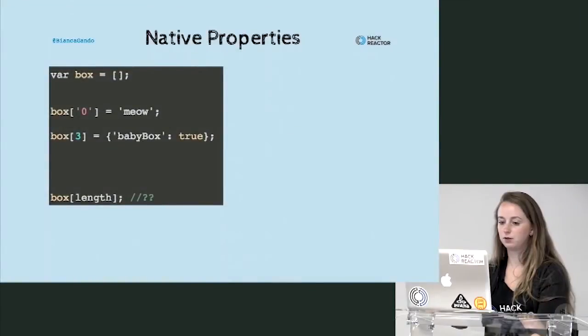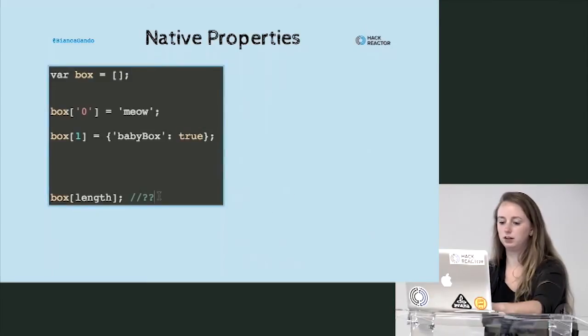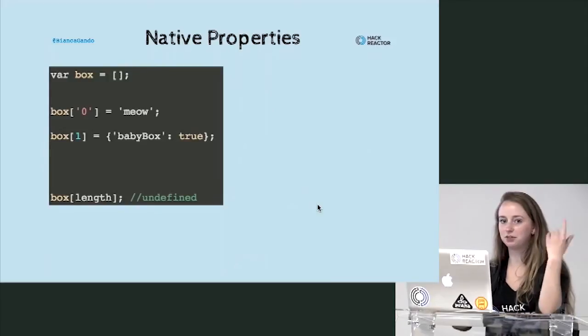What about this? What if I change this? Undefined, because length does not have quotes around it. I know, that's tricky. You should just know that I'm tricking you the whole time, and look out for that and think about those rules.